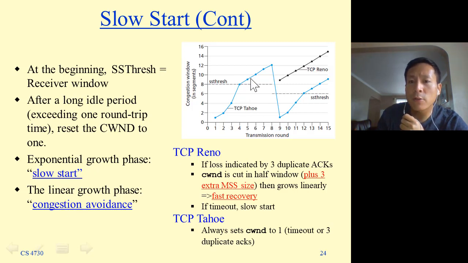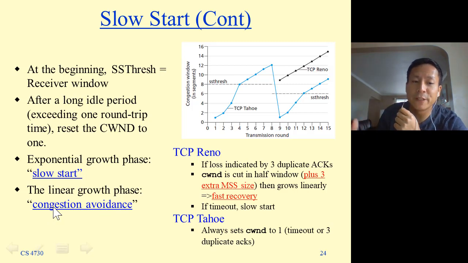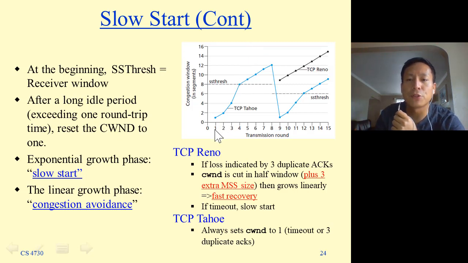And the linear increase after we hit the slow start threshold, the SS threshold, this linear increasing phase or period, we call congestion avoidance. So you can see we want to avoid further congestion, right? So we do it more cautiously, increasing more slowly compared with the exponential increase.